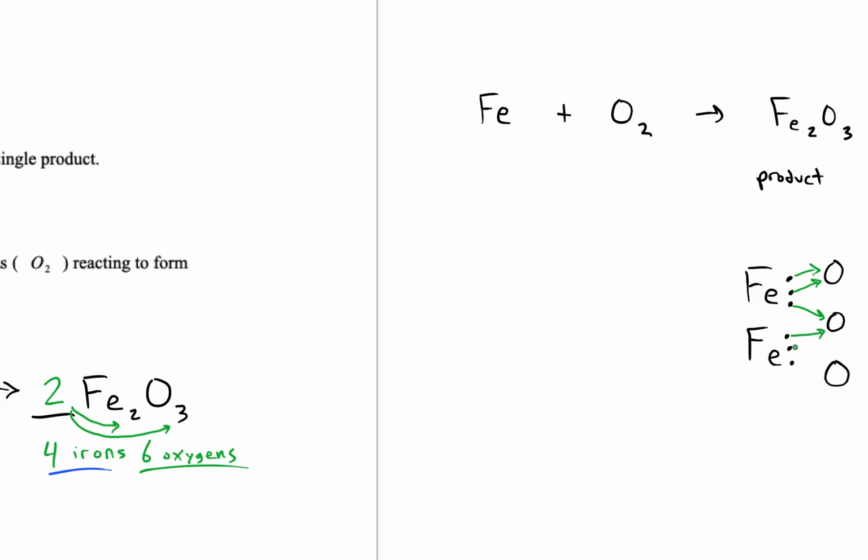So this would be a diagram of the result here, Fe2O3. And the idea with a chemical reaction is you can bring in more copies of the things involved.